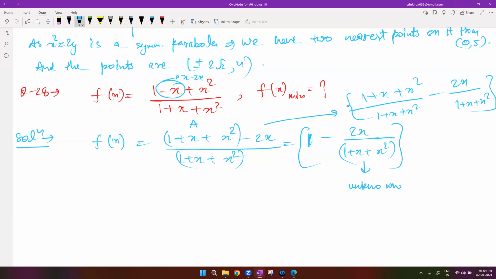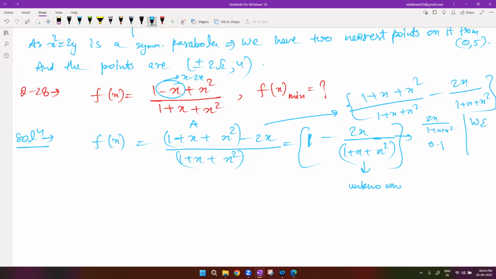Okay, let's take a case. Let's say this value 2x upon 1 plus x square is 0.5, then the whole value becomes 0.5, right? So I just want to show you something so that you can understand my concept better. I'm writing the value of 2x upon 1 plus x square, and then the value of the whole expression.